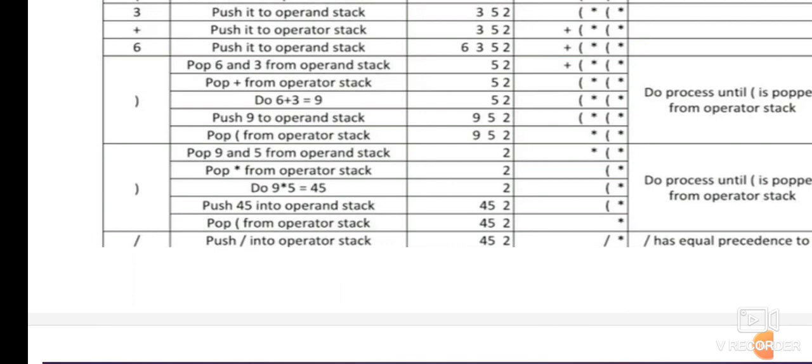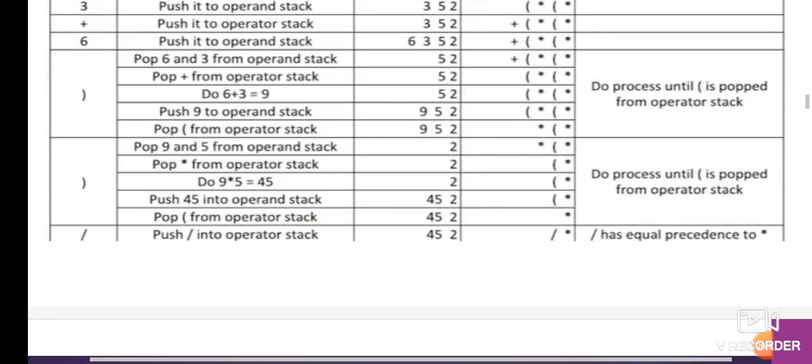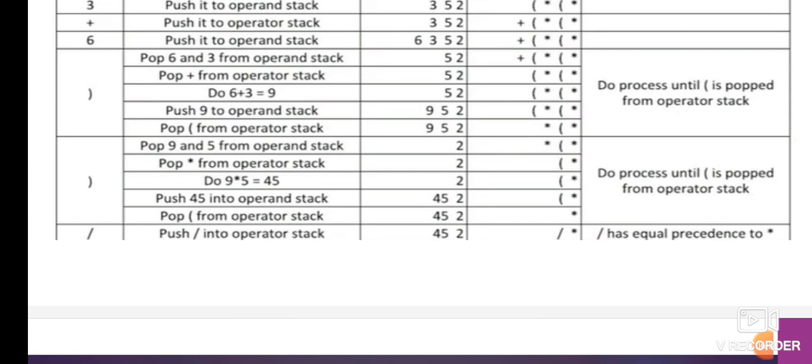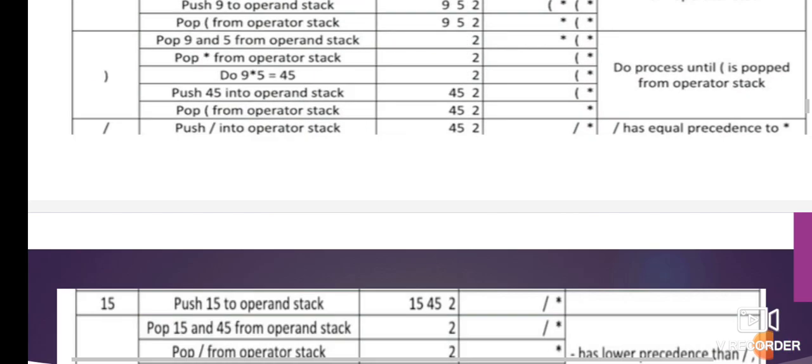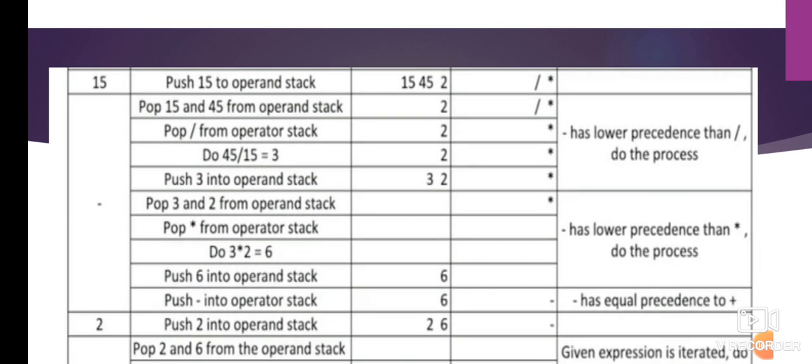One operator remains. The next operator is slash. It is pushed onto the operator stack, right? Star and slash have equal precedence. The next operand is 15, and it is pushed onto the operand stack.